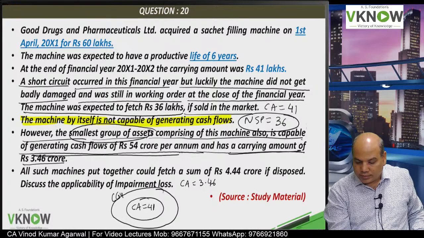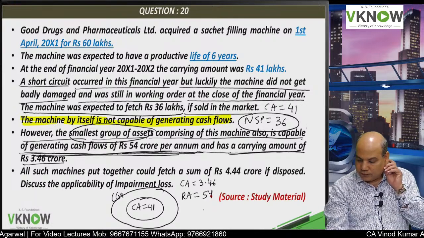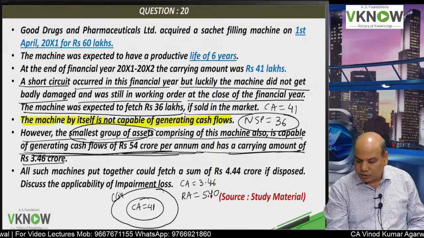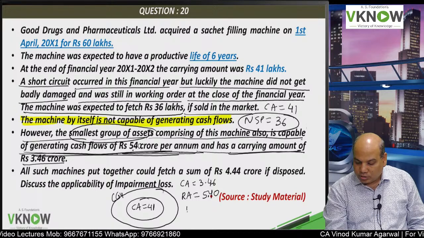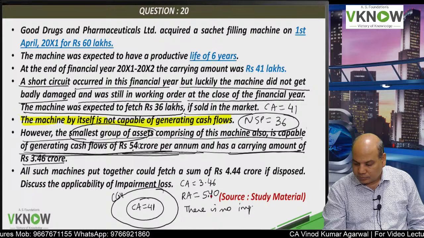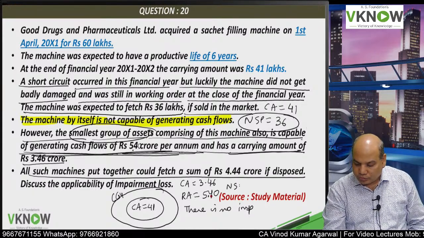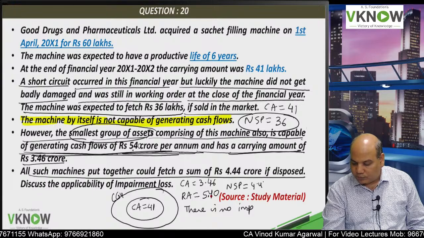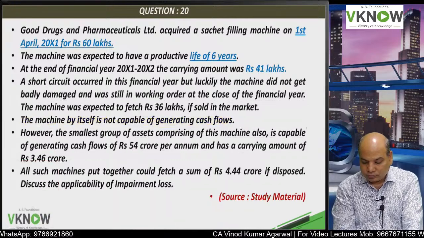And what is the recoverable amount? 54 crore per annum. My God. So therefore, or even if I take 5.40 crore, maybe it is a typing mistake, 5.40 crore, there is no impairment. And what is the net selling price of this CGU? Net selling price is 4.44 crore. So I will just write it nicely for you.